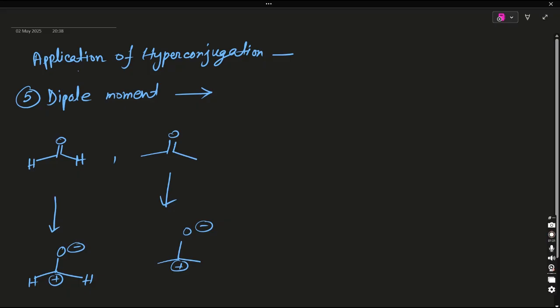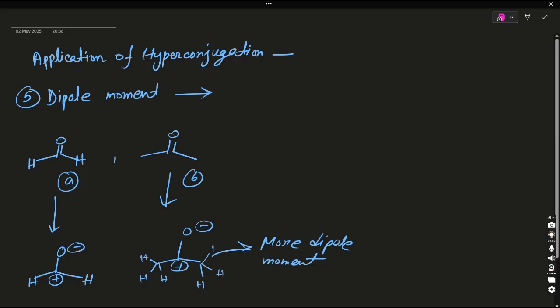Now, if we want to compare the dipole moments of these two compounds, A and B, the dipole moment of B is higher.